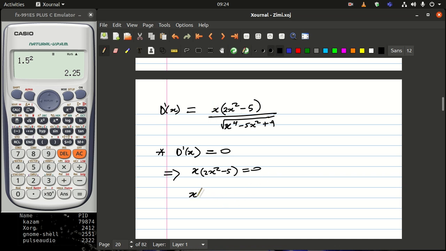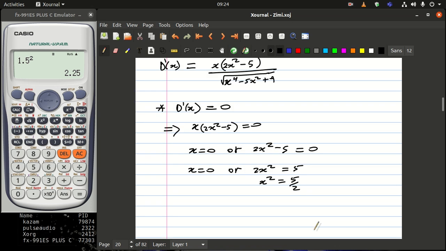In other words, when x is equal to 0, or when 2x squared minus a 5 is equal to 0. So we have x equal to 0, or we have 2x squared equal to 5, or x squared equal to 5 over 2. And of course here you can end up having x equal to plus or minus the square root of 5 over 2.